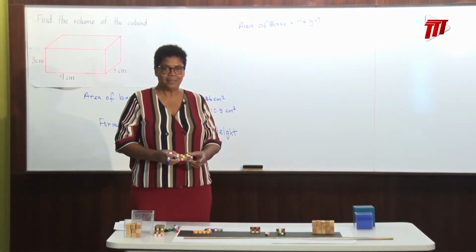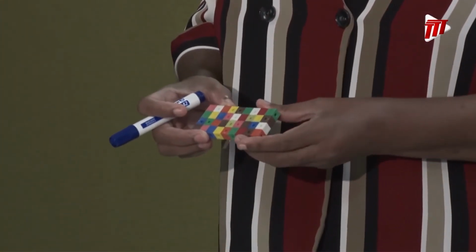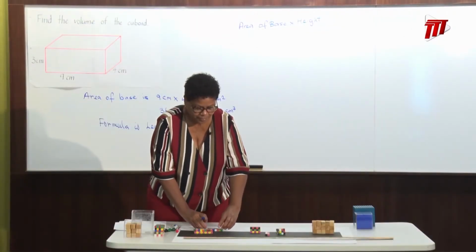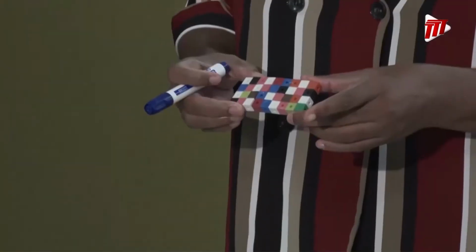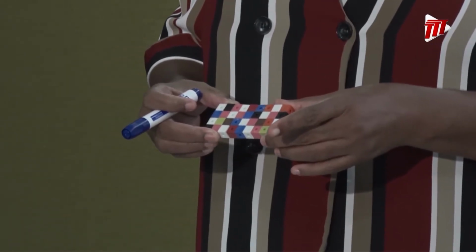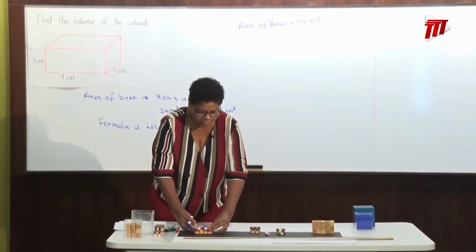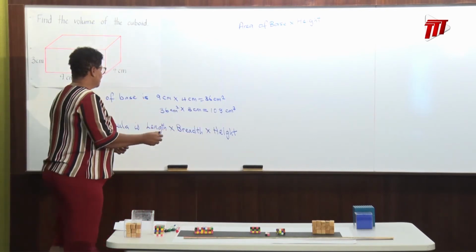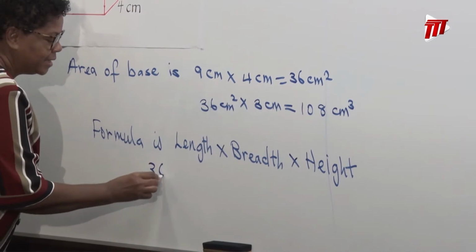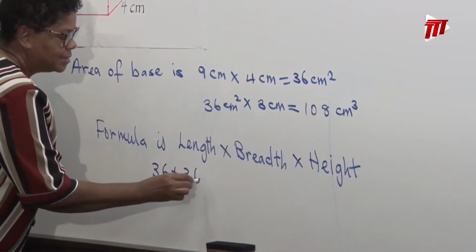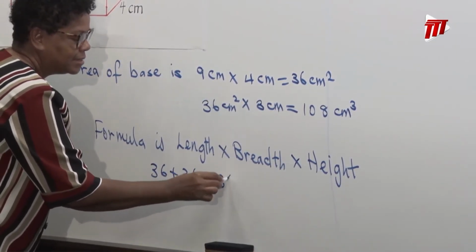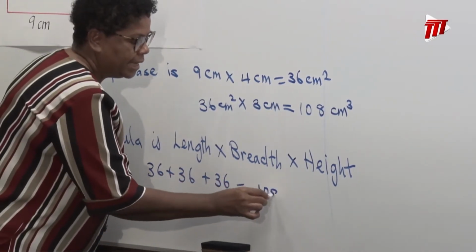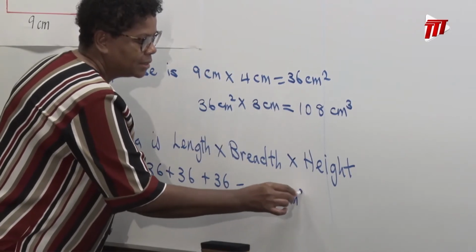And then we add this 36 to that 36, and it would have been 72. And we add the final 36 to the 72, and we ended up with 108. So 36 add 36 add 36 would have been 108 cubic centimeters.